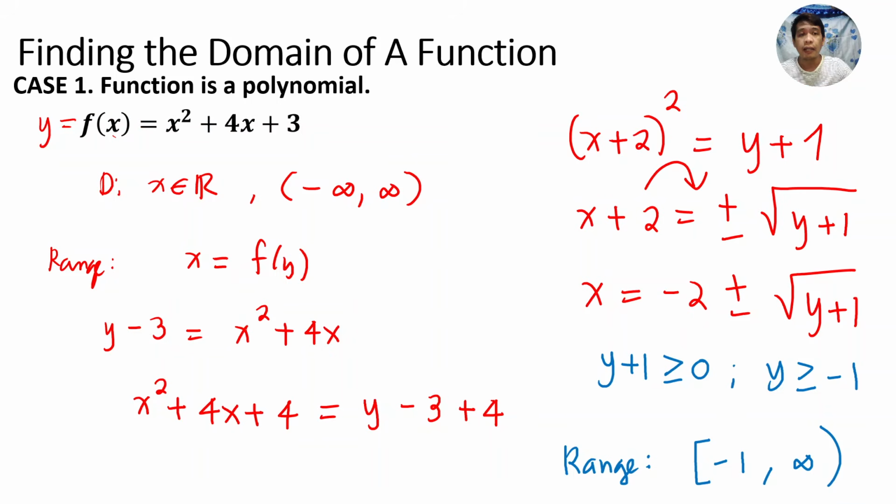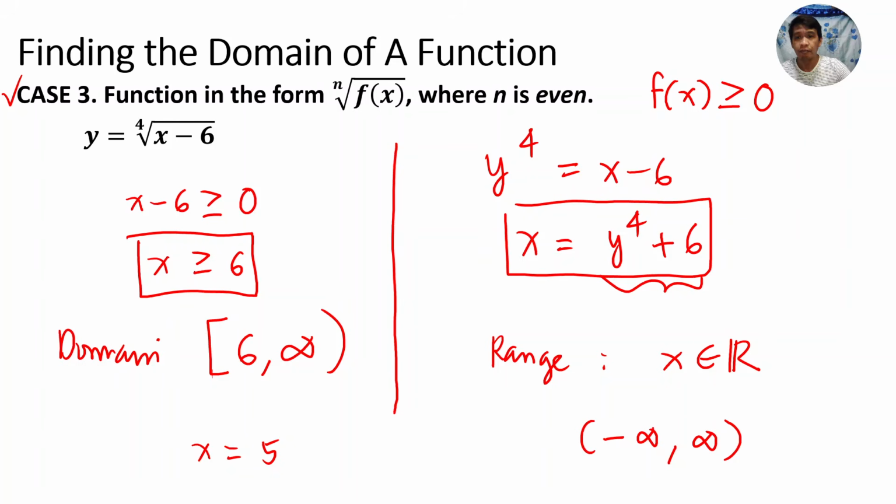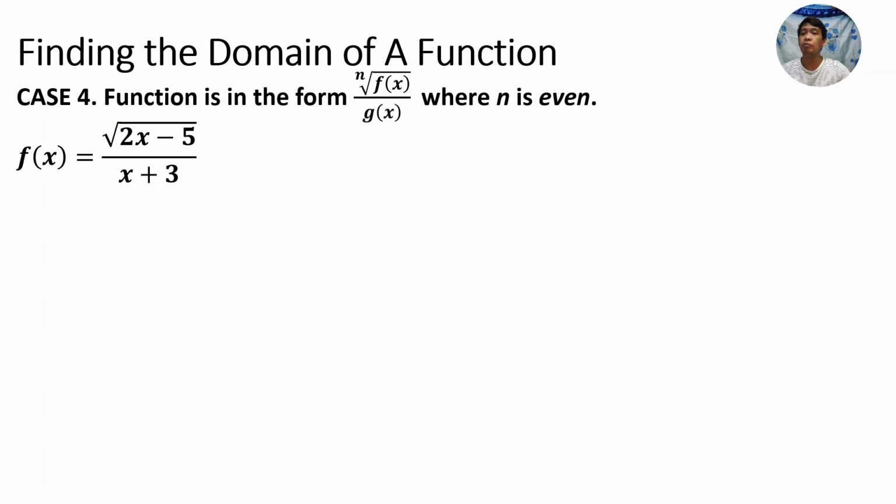So, balik na tayo sa case number 4. So, case number 4 is in the form of nth root. So, ibig sabihin, pinag-combine lang natin yung number 2 at saka yung number 3. Case number 2 and case number 3. Where n is, of course, even. So, again, since may restriction sa denominator, may restriction sa square root, so, ang una muna nating titingnan ay yung x plus 3.